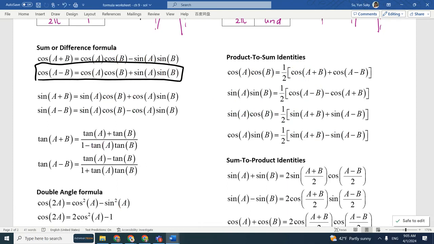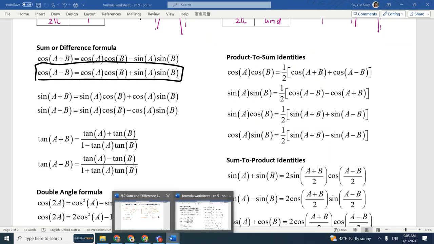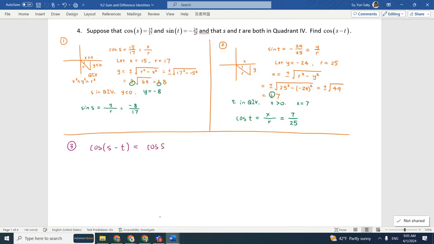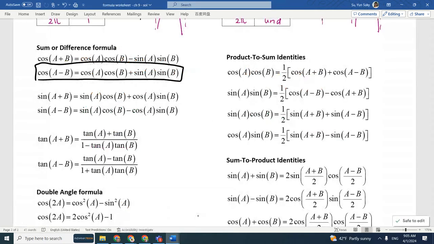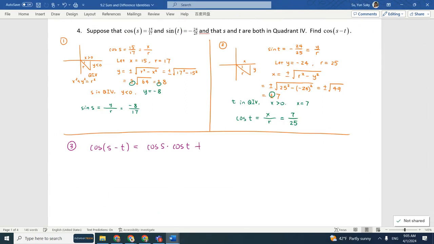We plug in S minus T, so A is S and B is T. From this formula, we get cosine S times cosine T, plus sine S times sine T.